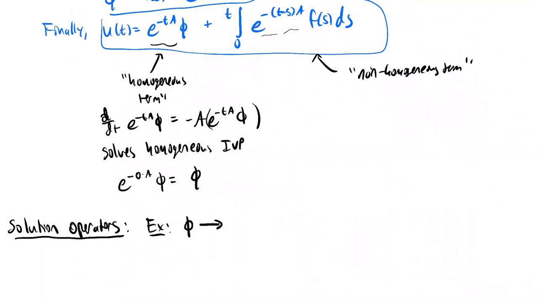Remember, phi is a constant in this case, although when we return to the PDE, it won't be. Consider the function that sends phi to e to the minus ta times phi. And let me call this, say, for example, well, this depends on t. So let me call it S of t applied to phi. Well, this is a function, and the output of the function is the solution to the differential equation. Right? So this solves the homogeneous ODE that we just saw.